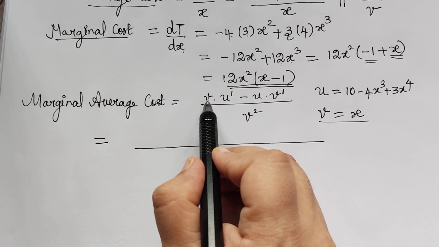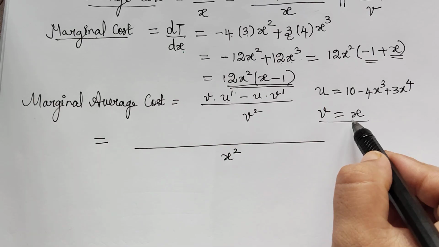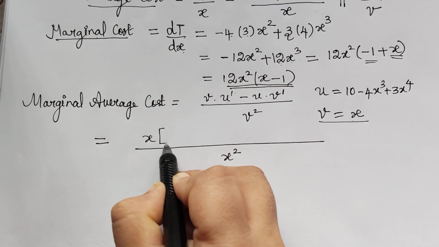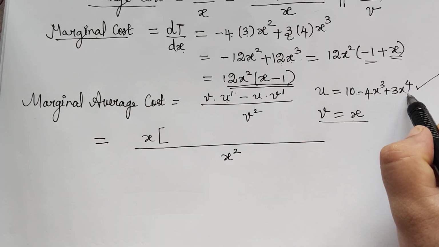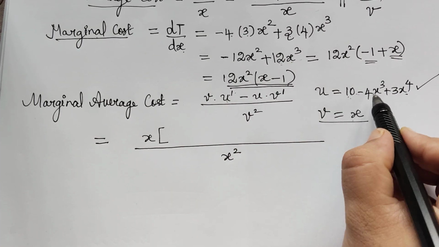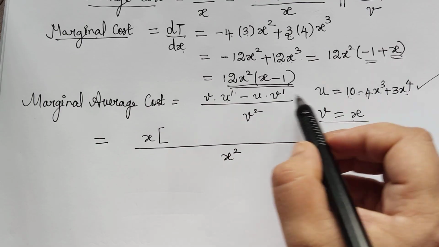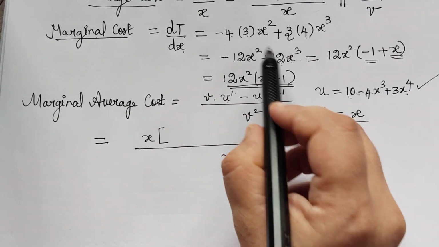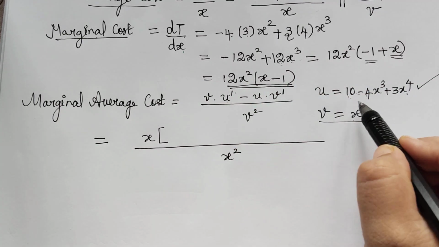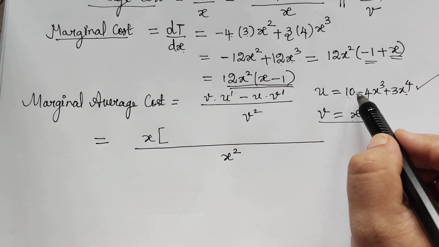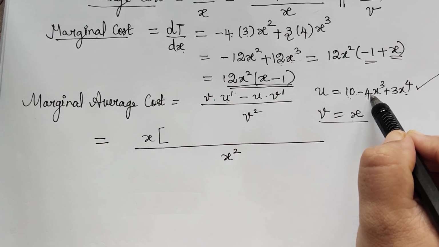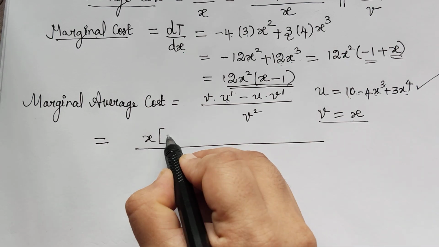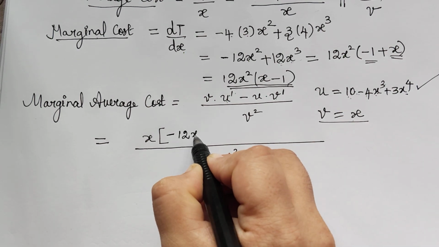And then in the numerator, v multiplied with u dash. v is x, multiplied with u dash, which is the differentiation of u. So when you differentiate u, what do you get? For 10 it becomes 0, and just now we obtained the differentiation of u, this function. So anyway, we will have the same. So 10 becomes 0, and the differentiation of x cube is 3x square. 4 times 3 is 12, so it becomes minus 12x square.